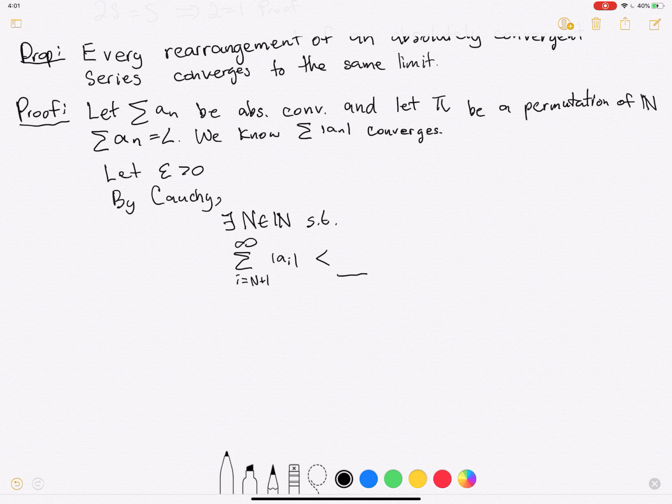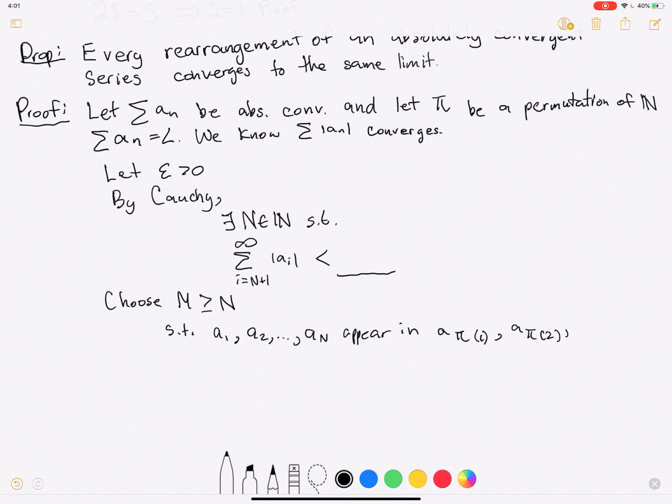We'll fill this in later to make our proof look nice. Now choose m, any m greater than or equal to n, such that a_1, a_2, all the way up to a_n appear in a_pi(1), a_pi(2), all the way to a_pi(m).